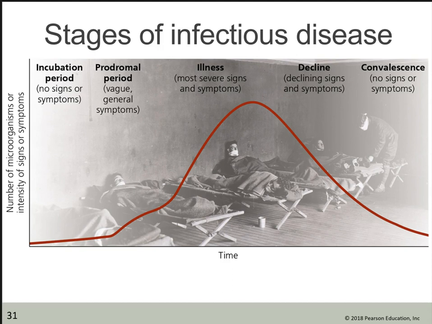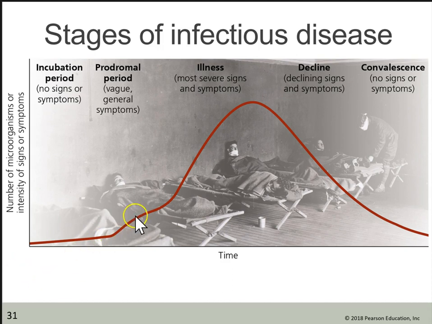For each disease, there's some sort of incubation period, and that's a time when there are no signs or symptoms of that particular infection. So at this point, we have a microbe that has infected a person. For a while, they're at a low number of microbes in that particular host, and during that stage, there's an incubation period where you have no signs or symptoms.